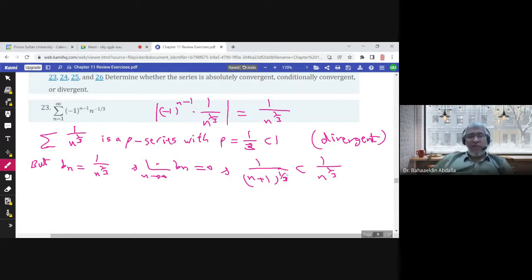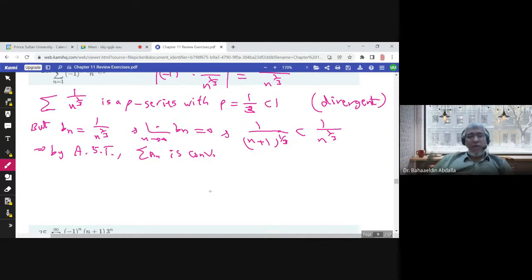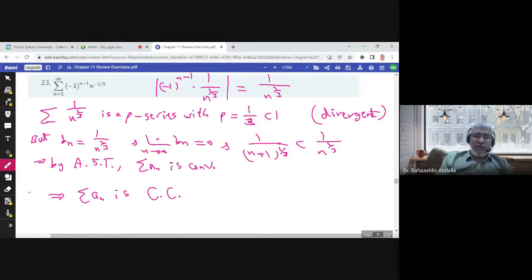So these are the two conditions of the alternating series test. So by alternating series test, summation a_n is convergent, but summation absolute value of a_n is divergent. So summation a_n is conditionally convergent.